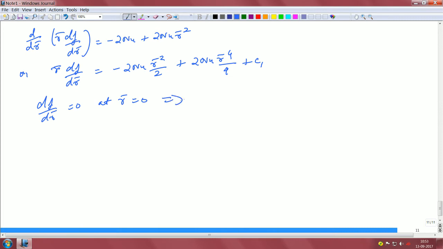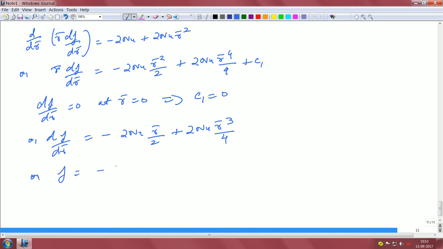So this leads to C1 is equal to 0, or df by dr bar equals minus 2 Nusselt number r by 2 plus 2 Nusselt number r cube by 4. Integrate it one more time, f is equal to Nusselt number into r square by, actually this will become 2 now, plus Nusselt number r to the power of 4 by 8 plus C2, right.